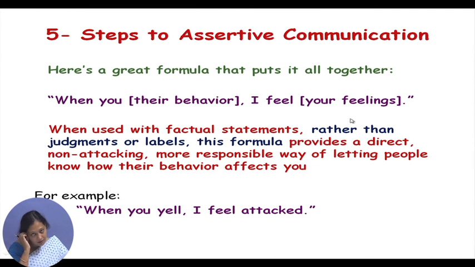So, if there is a negative behavior, like when you are late for lunch, that is the behavior, I feel I spend less time with you, or whatever. When used with factual statements rather than judgments or labels, this formula provides a direct, non-attacking, more responsible way of letting people know how their behavior affects you.